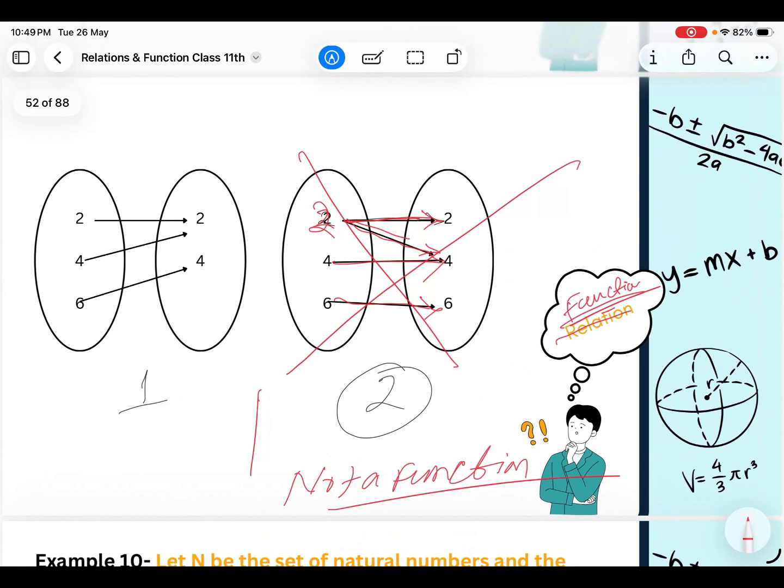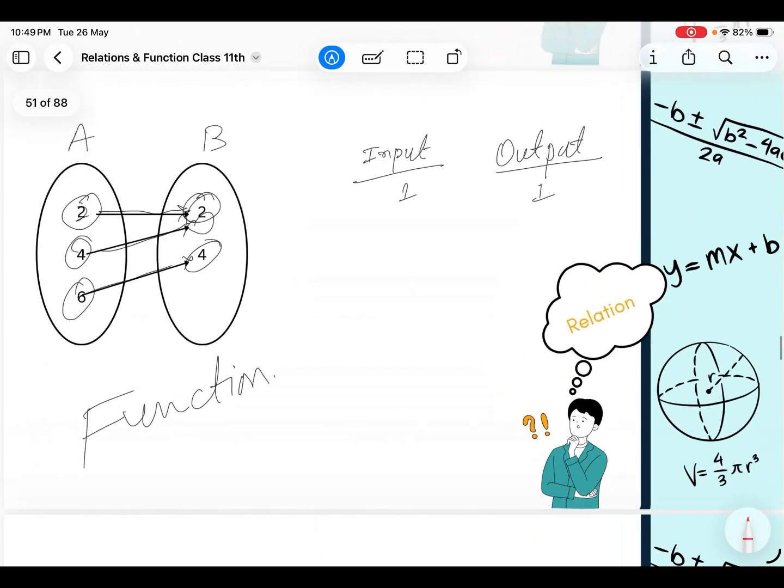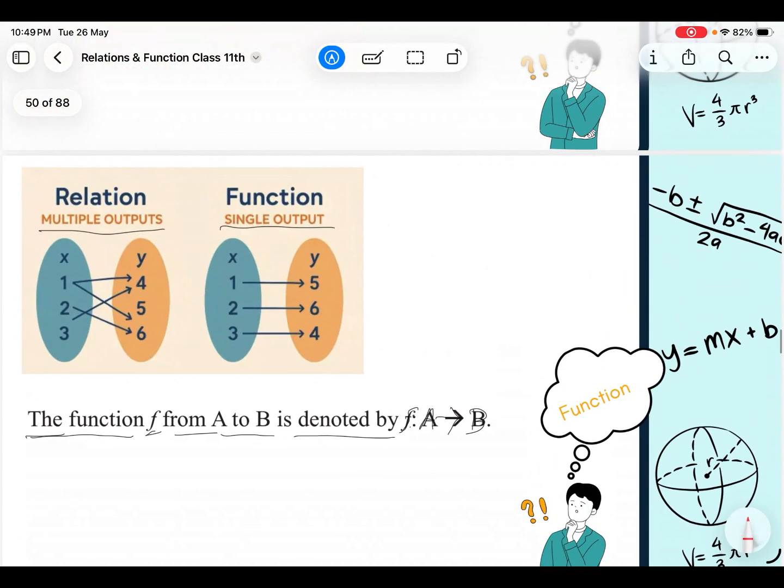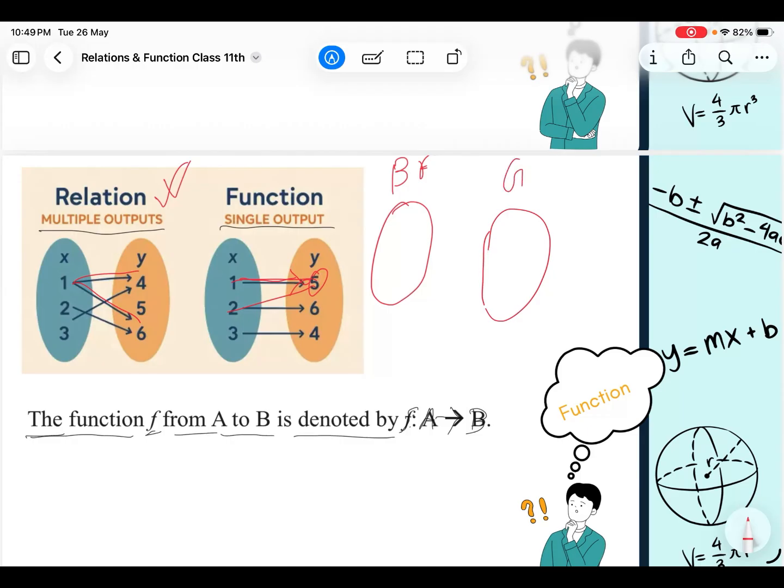This is very simple. In a relation it's allowed to have two outputs, like having two girlfriends. But in a function this is not allowed. There should be only one girlfriend of yours. But the girlfriend can have two boyfriends, no problem. Suppose this is the boyfriend and this is the girlfriend, or vice versa.